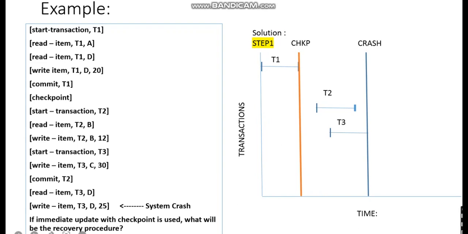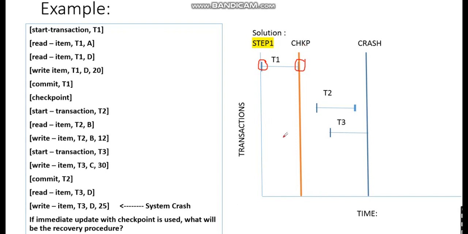That means, here you can see, this is the start point of transaction T1, and this is the commit point of transaction T1. And at this particular point the checkpoint has been performed.